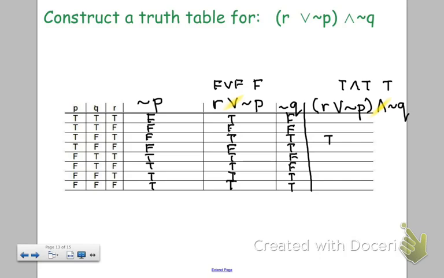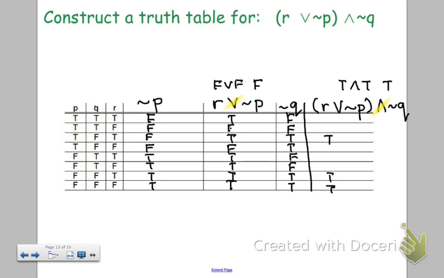Fourth row, I have false, true. That's not it. Fifth row, I have true, false. That doesn't get the job done. Sixth row, true, false. Nope. Seventh row, true, true. That's true. Eighth row, true and true is true. So I have trues in my 3rd row, my 7th row, and my 8th row.